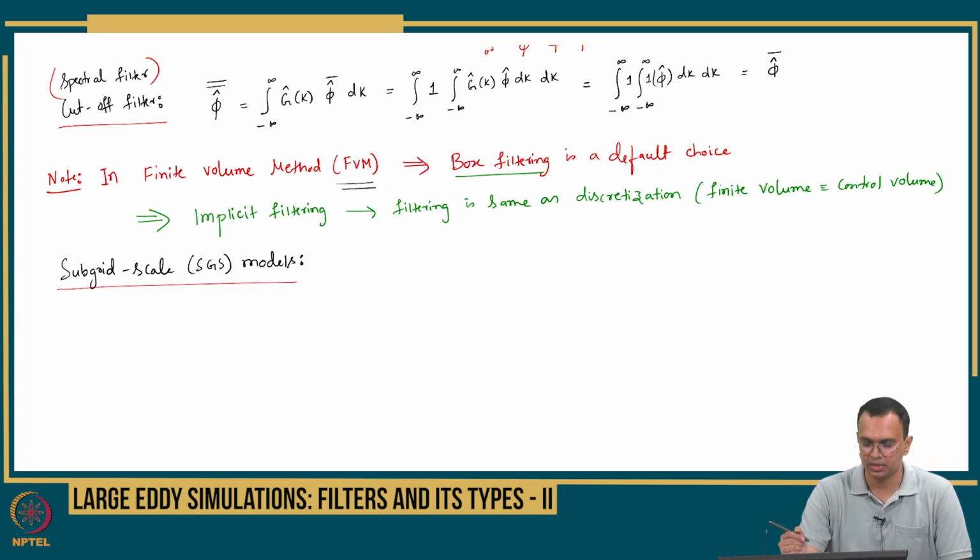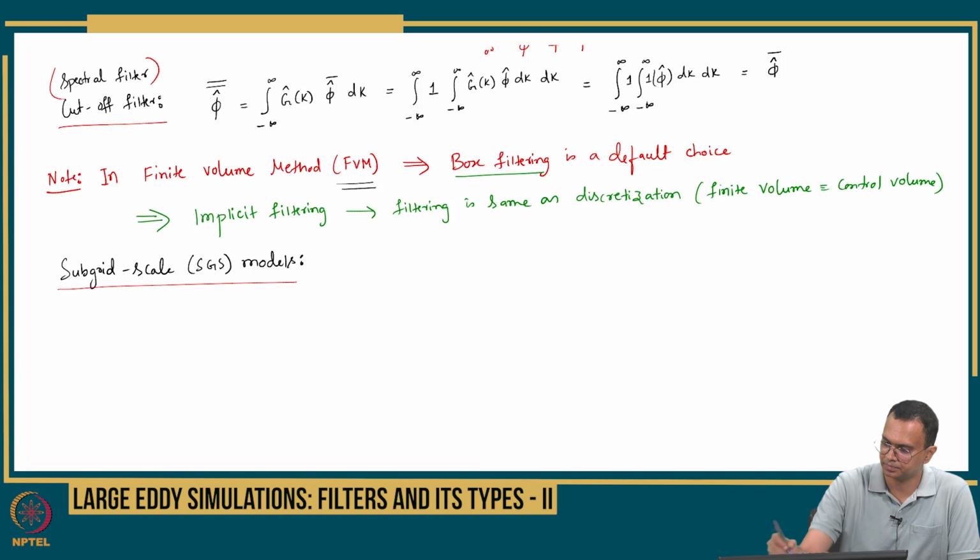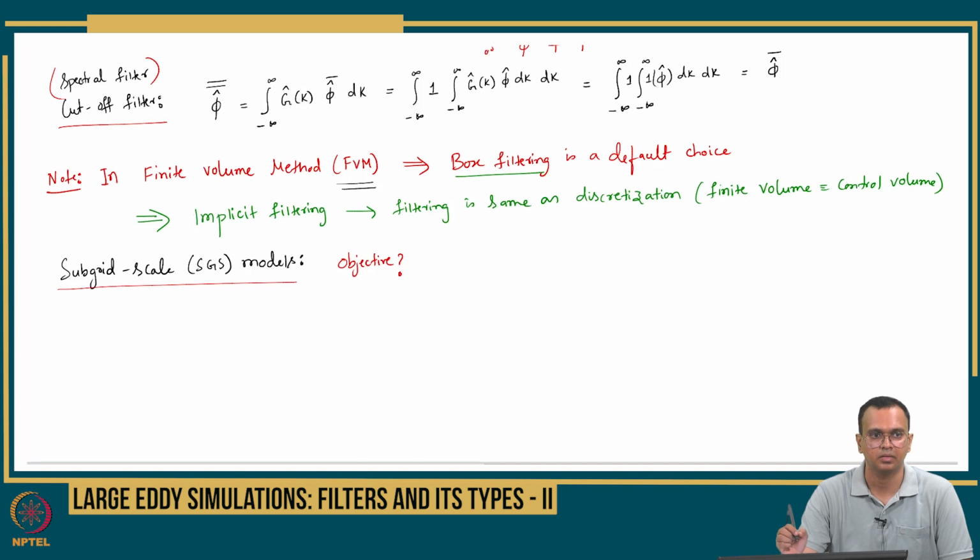So what is the objective of an SGS model? You are already exposed to a lot of turbulence modeling now. What is the objective of an eddy viscosity model? What is it modeling?